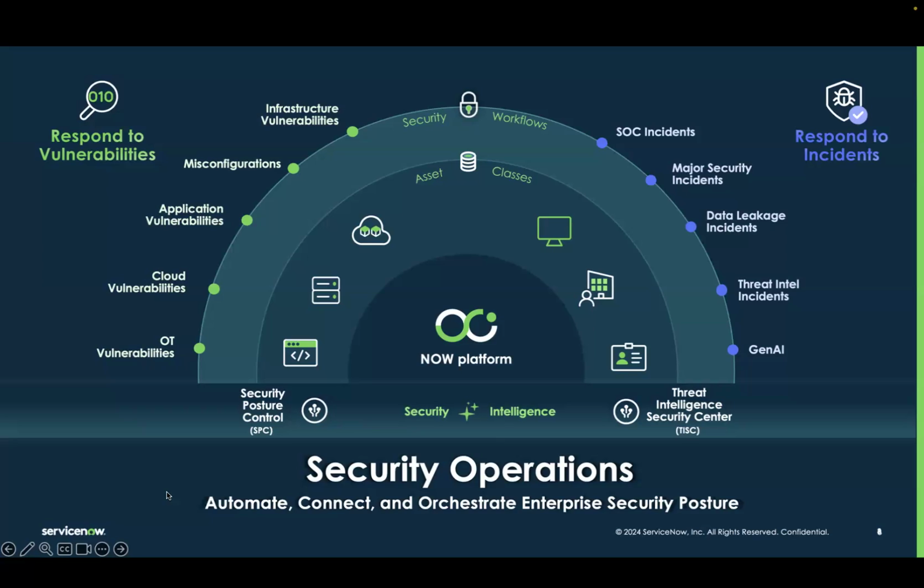At the bottom there, you'll see this security intelligence layer, which encompasses a few of our newest products that were released this year, one being security posture control, and the other being threat intelligence security center. We won't get into too much detail about those, but if you come to office hours, you can definitely show some of those resources.